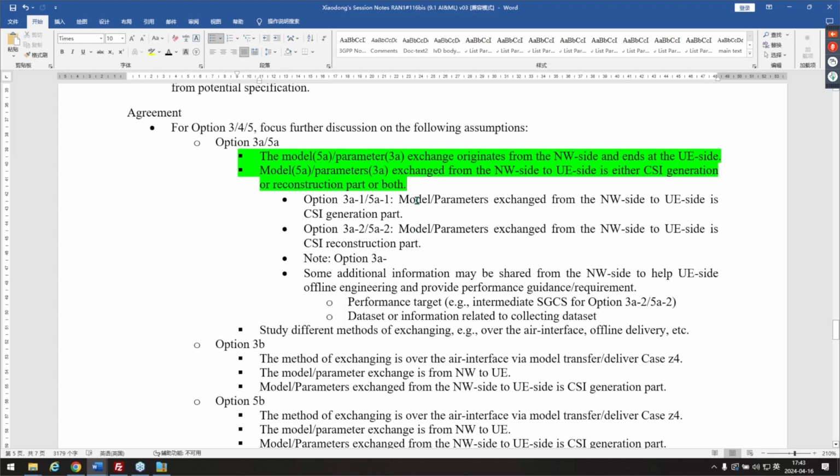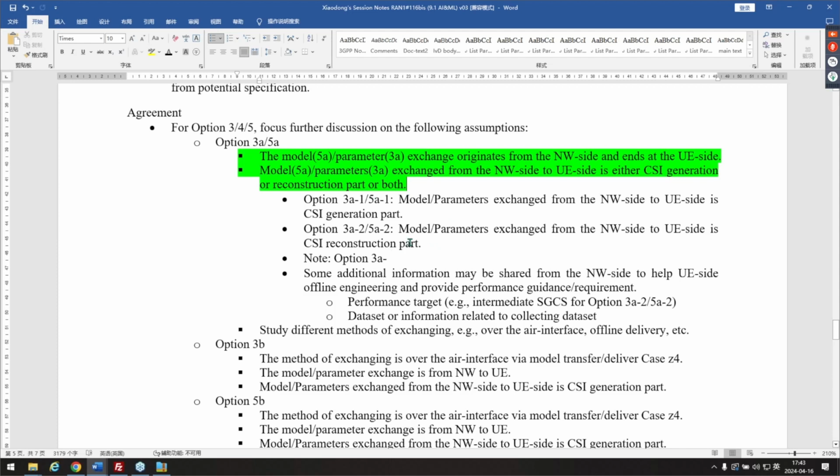Maybe we just list the options in the note saying they are not mutually exclusive. I think we list it here perhaps just for facilitating the following discussion, that is, either CSI generation or reconstruction or both.